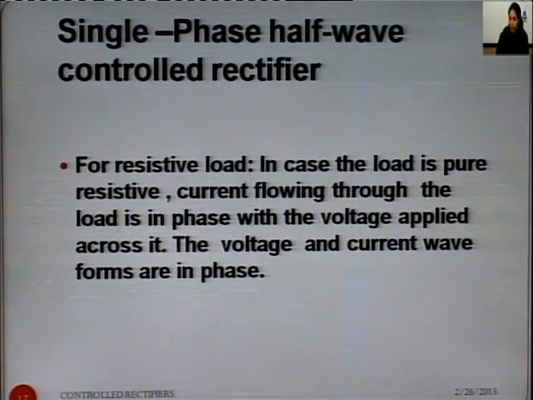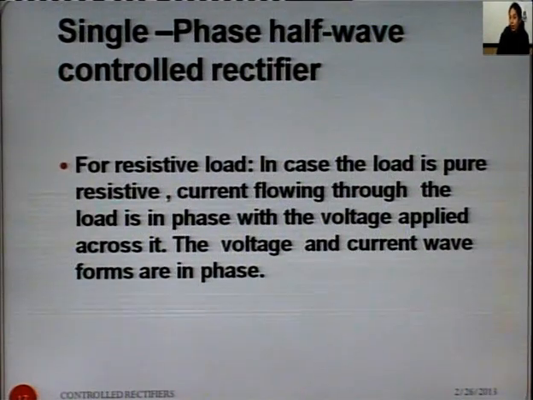Here, as we discussed, we can have two types of load: a resistive load and an inductive load. When the load is purely resistive, voltage and current are in phase. The current flowing through the load is in phase with the applied voltage.